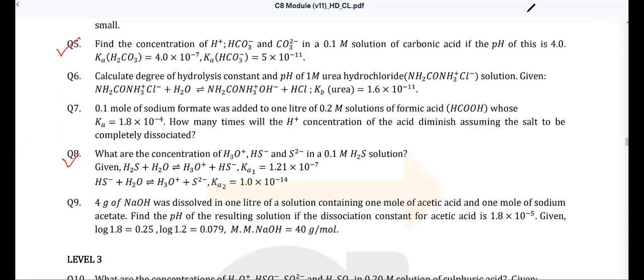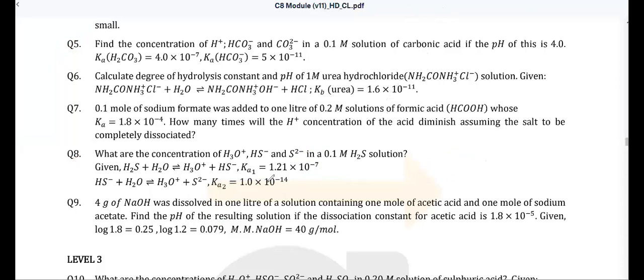Agree, everyone? Please respond. Ka1 and Ka2, same question. Ka1 is very much greater than Ka2, so H plus from the second reaction will be ignored. So for the first reaction, the concentration of H plus is given by root of Ka1 into C. Same formula putting and getting, okay?